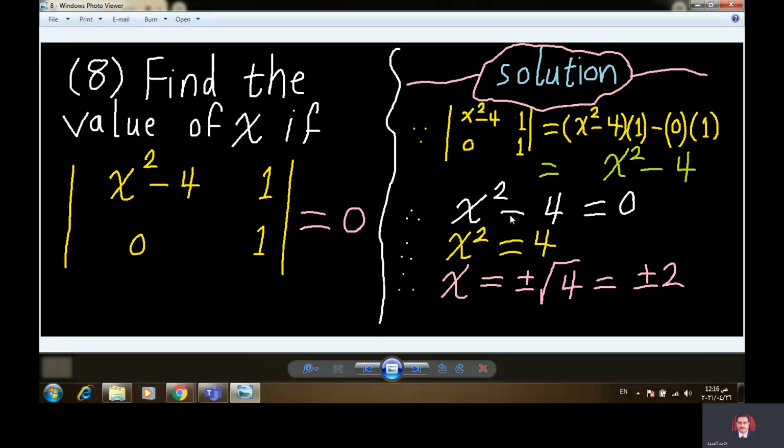Therefore, x squared minus 4 equals 0. Therefore, x squared equals 4. Therefore, x equals positive or negative the root of 4, which equals positive or negative 2.